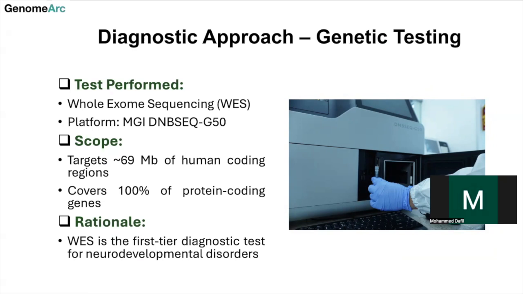When we sequence it on MGI, it gives you almost 80 to 100,000 variants, depending on the samples. And from then onwards, you need to identify if there is any causal variant that can be attributed to the clinical presentation that we see in this girl.